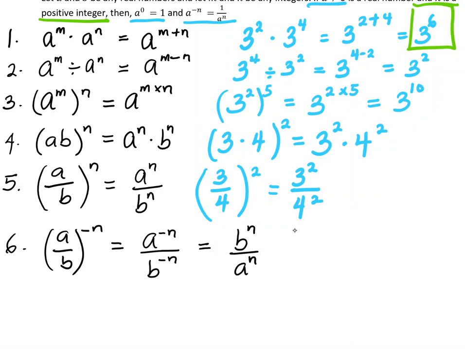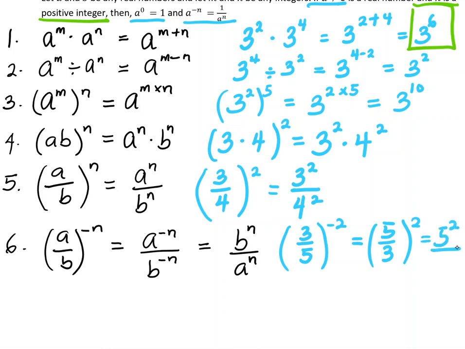A quick example is if we have, let's say, something like 3 divided by 5, everything raised to power of negative 2. Then what the law is saying is that we can just invert this, 5 divided by 3, then we make this to become positive. So that is 5 raised to power of 2 divided by 3 raised to power of 2.